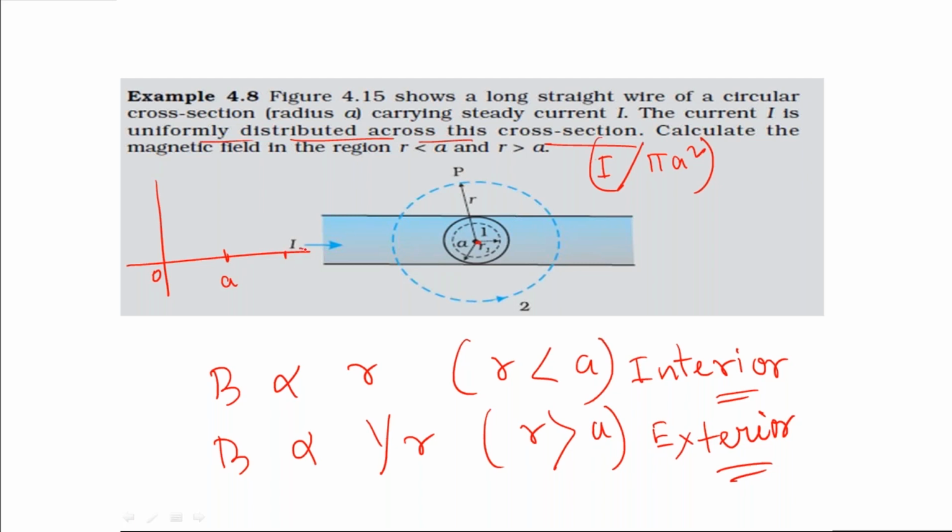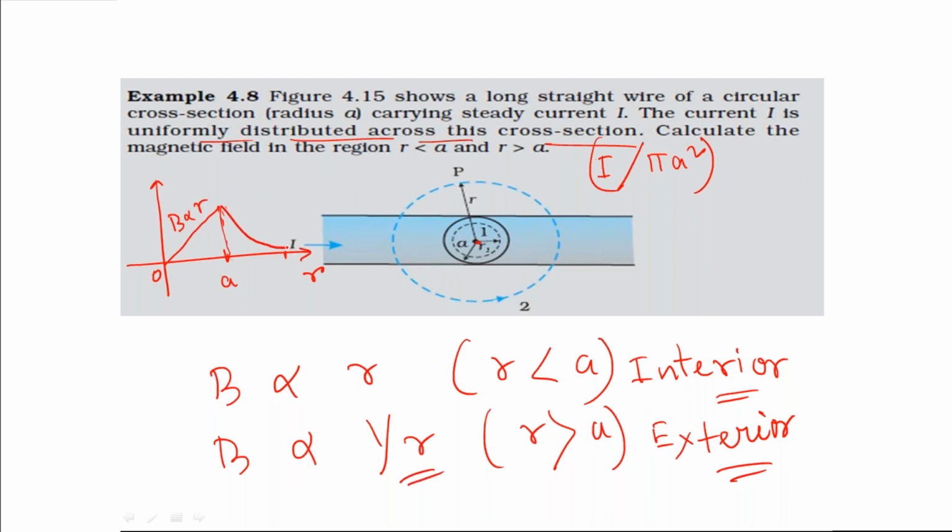This is the distance from the center of the wire. Till the radius of the wire, it varies directly proportional to r, and then in the exterior it is inversely proportional to r, so it will be like this.